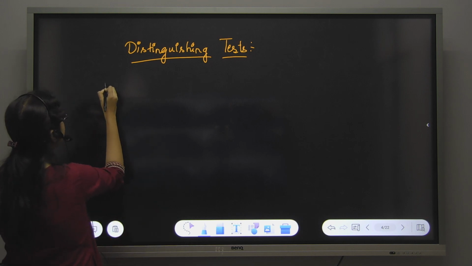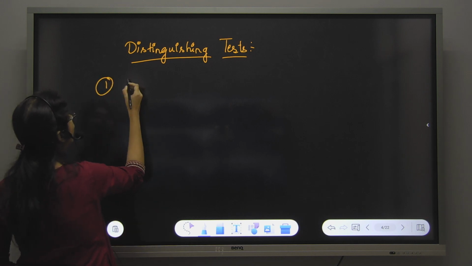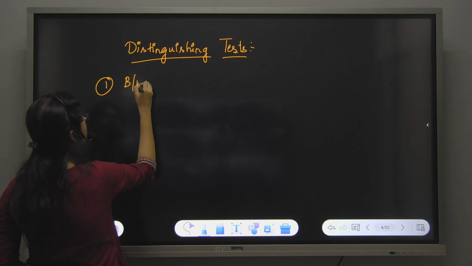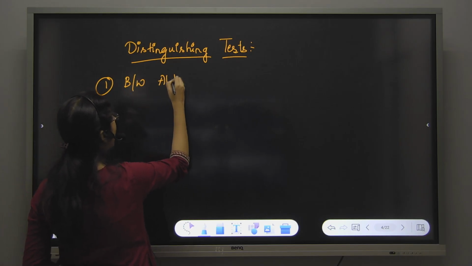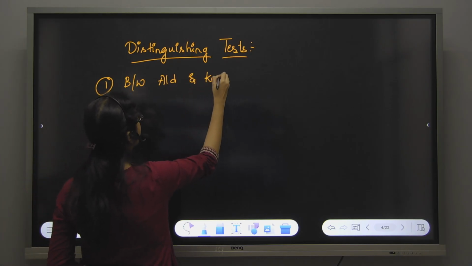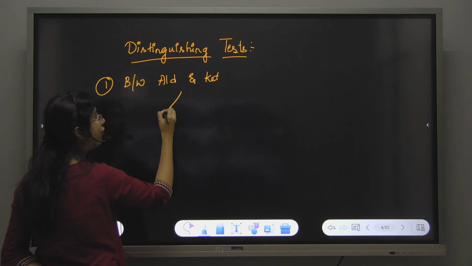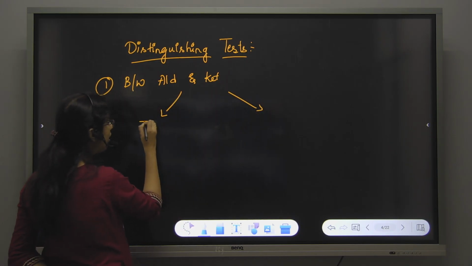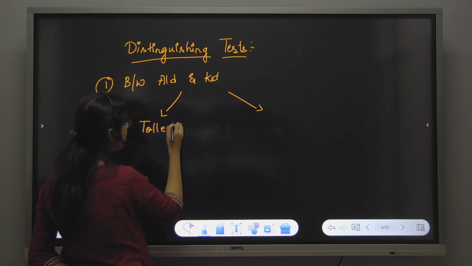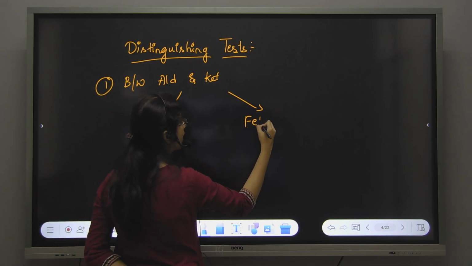First test, Tollens reagent. Very good. So if you want to distinguish between aldehyde and ketone, you have two tests. One is Tollens test, another is Fehling's solution.